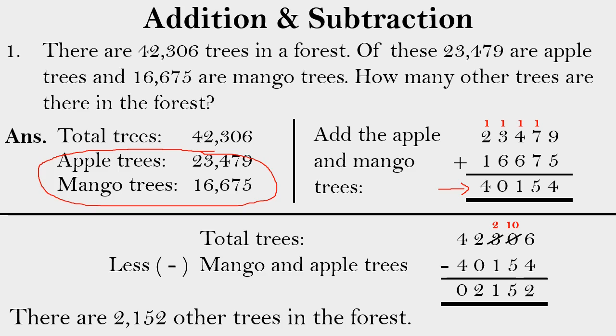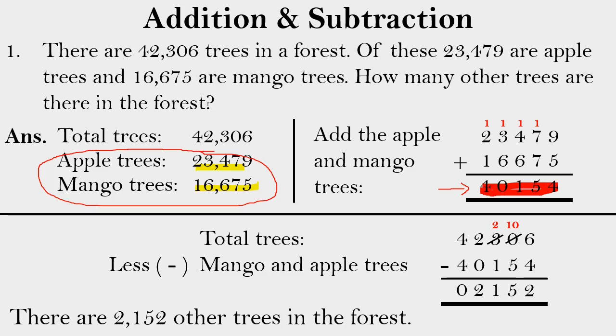Okay, so what we did was first we did a calculation of the apple and mango trees. We added both these trees, 23,000 and 16,000. We added these first. Then we minused the total of that.